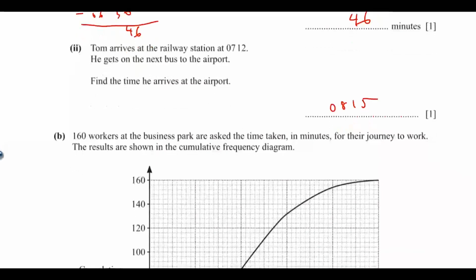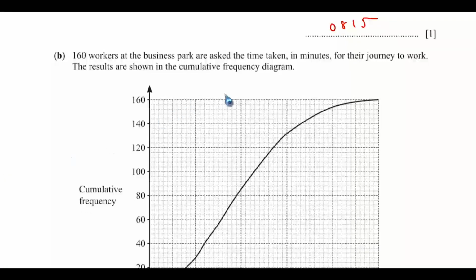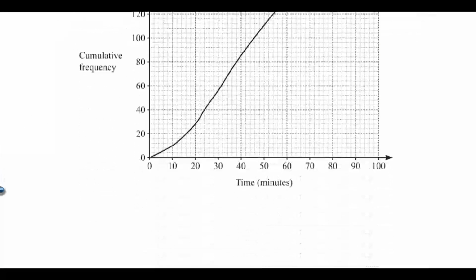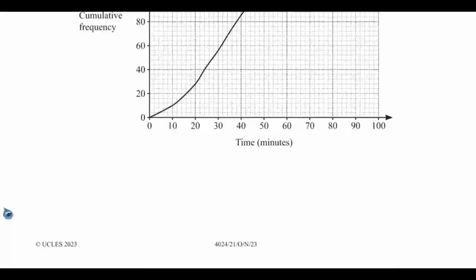Part B, 160 workers at the business park are asked the time taken in minutes for their journey to work. The results are shown in the cumulative frequency diagram. Okay, so what do we need to do here? Let's say the question.